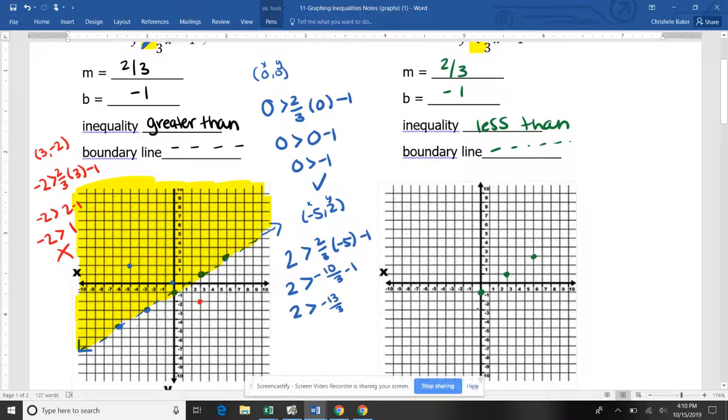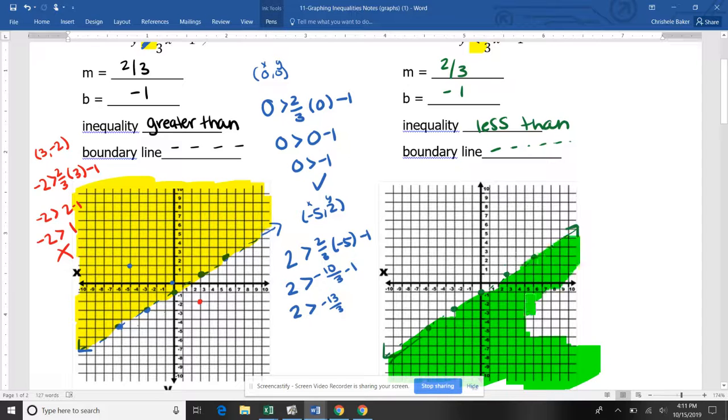I can even go down and to the left, and a dashed line again. I'm shading below, so all of this is my solution set.